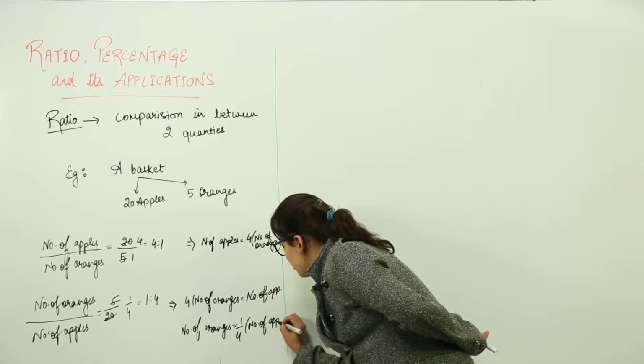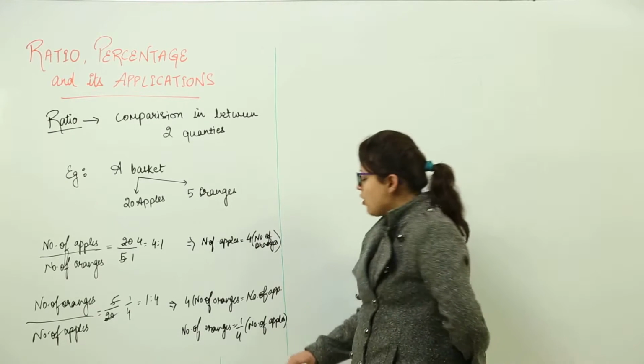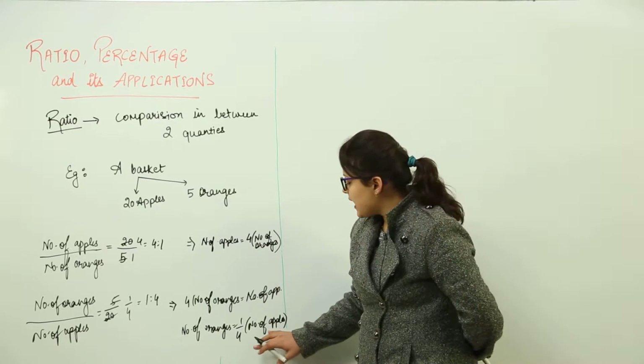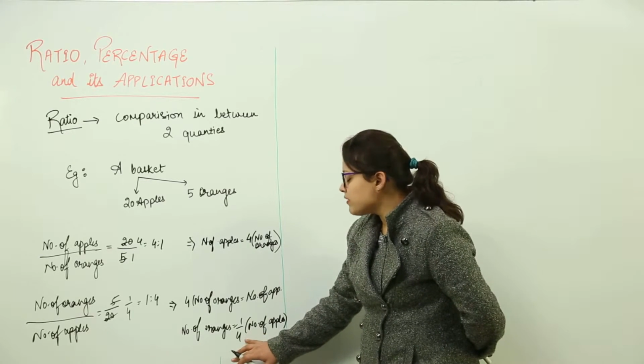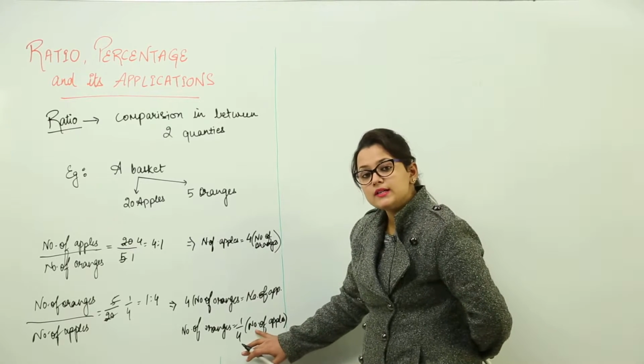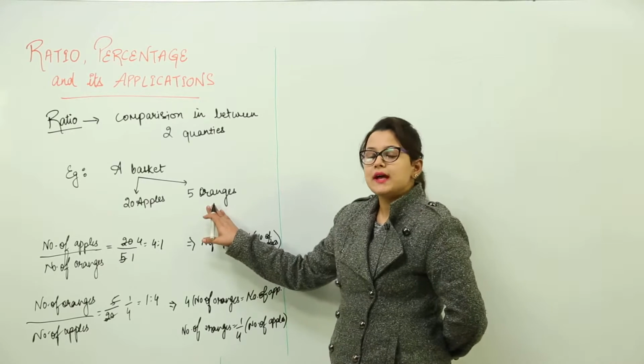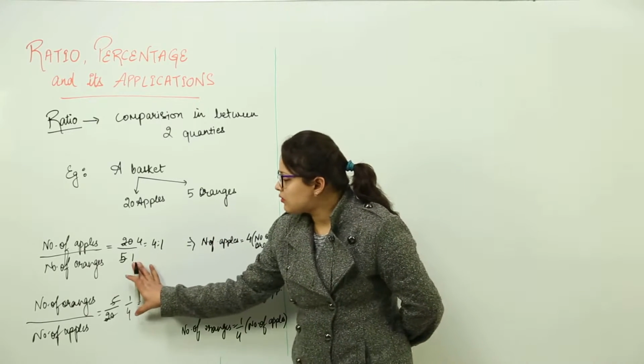Am I correct or wrong? Just check it on your own. How many apples did we have in the basket? We had 20 apples. If I take 1/4 of that 20, what would I get? 5, that is the number of oranges. Am I correct?